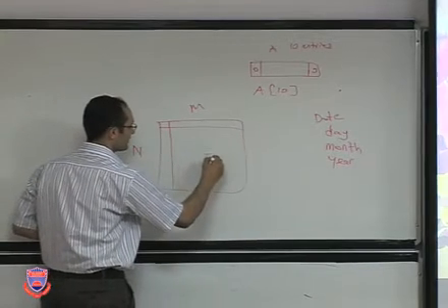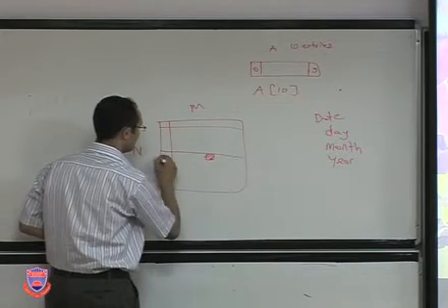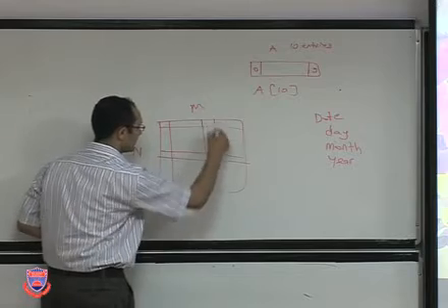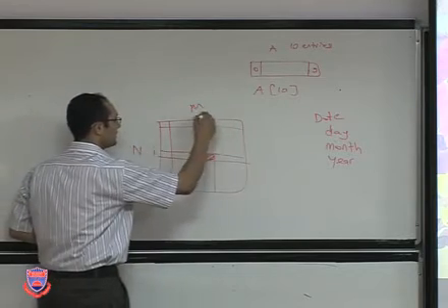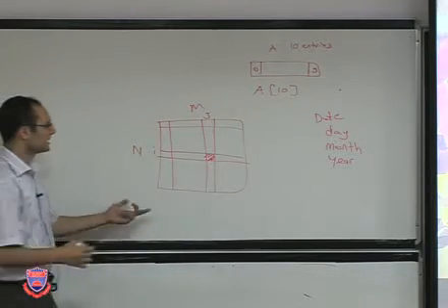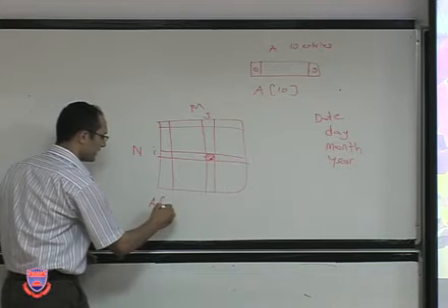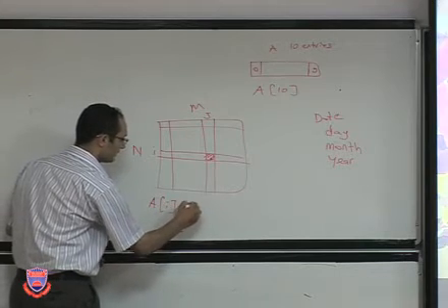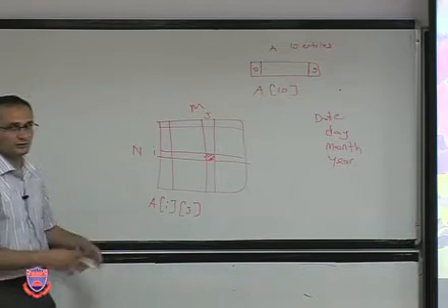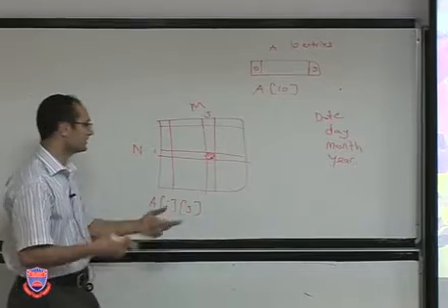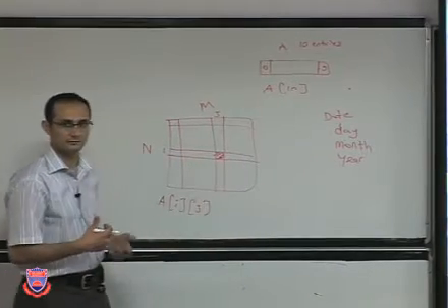Let's say I would like to access this entry here that is in the ith row and the jth column. I will access it by saying A[i][j], the row and then the column. So this is going to point me to the exact point where this data is located, and I will be able to access it.